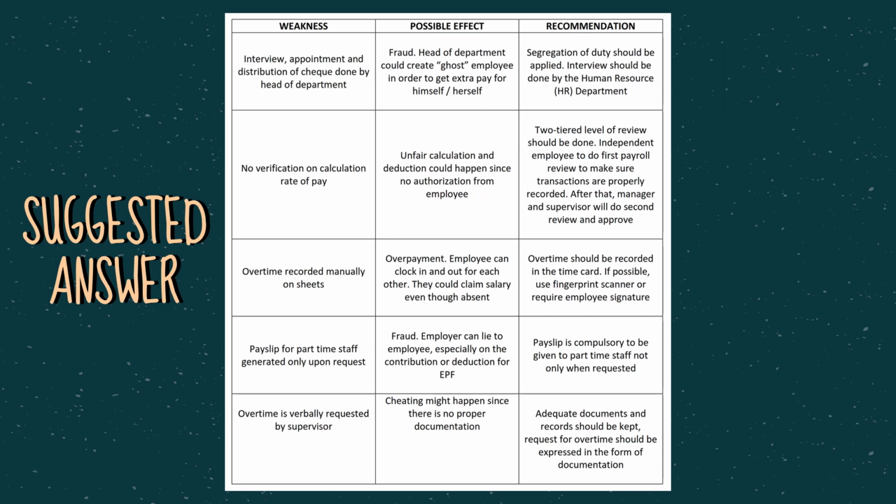Two-tier level of review should be done. Firstly, an independent employee needs to do the check, the review, to make sure the transactions are properly recorded in the payroll. After that, the second step is the manager or supervisor will do a second review and approve the payroll. And the rest of the answer you can read on your own.